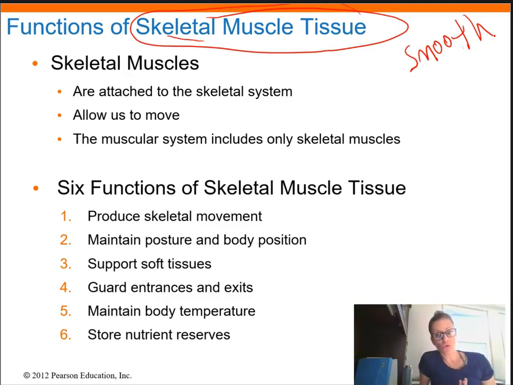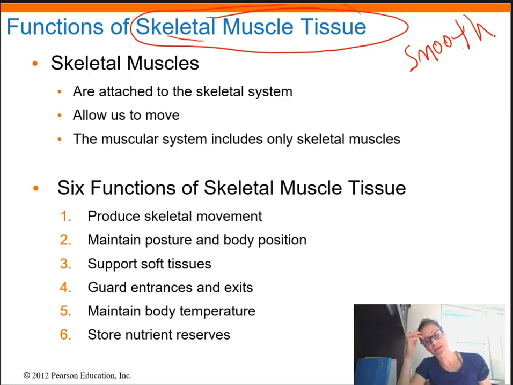Smooth muscle is also where the problem is in patients who have asthma. When an asthma attack is happening, it's bronchoconstriction. So that smooth muscle contracts and it squeezes those tubes closed so that the air does not get into the lungs appropriately. So that's what happens in an asthma attack.